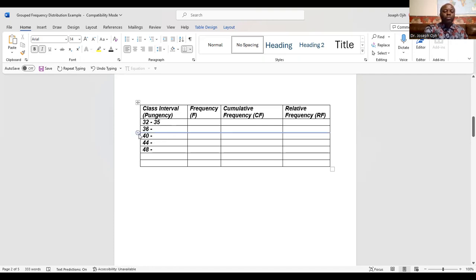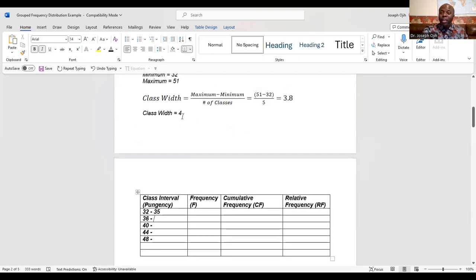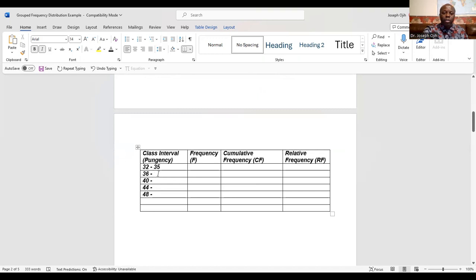Now, next is to start to add 4 again, because 4 is still our class width. So 35 plus 4 will give us 39. 39 plus 4 will give us 43. 43 plus 4 will give us 47.